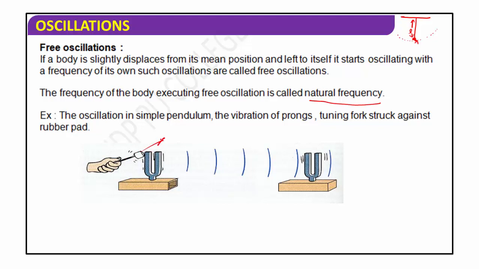Here we use different kinds of tuning forks. The frequency produced, the number of sound waves produced in 1 second, is called the natural frequency. These types of oscillations are called free oscillations.